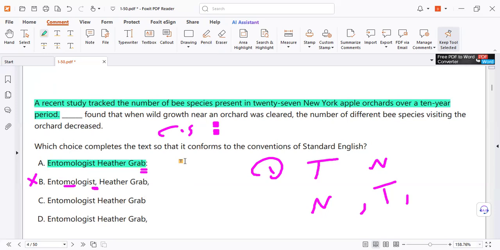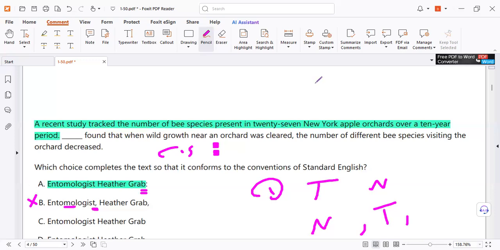Is it a sentence or a fragment? We follow the rules. To know if it is a sentence or fragment, you must find the subject and verb and complete meaning to be said. So to find the subject and verb, as I told you, we delete all the phrases, we delete all the non-essential, we delete all the relative clauses.